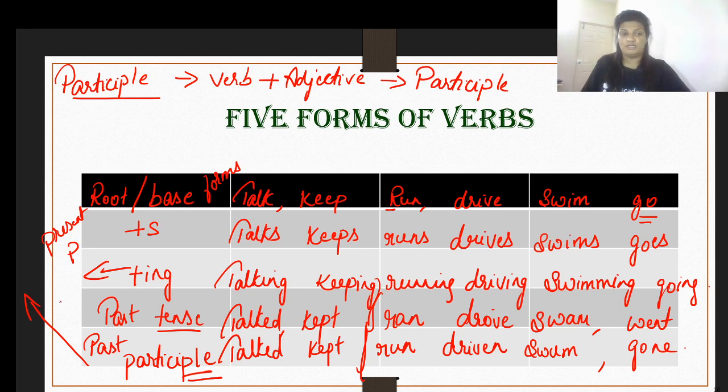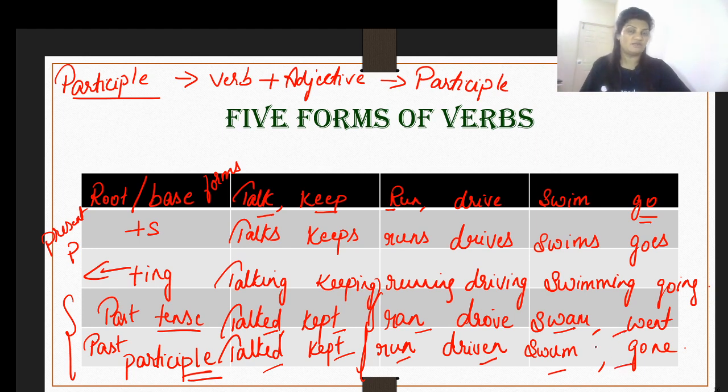Now, if you take a look at the past tense and the past participle of these verbs, talk and keep, talked and talked, kept and kept, there is no change at all. They both are similar. But when you take a look at the word run, the past tense is ran, whereas the past participle is run. Here, drove and driven, swam and swum, went and gone.